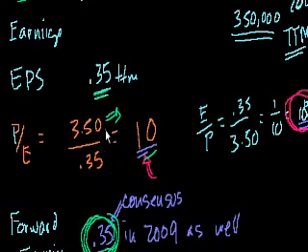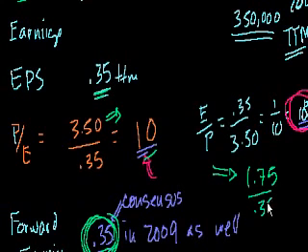It could be very, very volatile, and maybe the price goes from 350 to $1.75 a year later, which seems like a really good deal, because now the price to earnings is $1.75 divided by 35, a 5 price to earnings. But this could happen. I mean, companies go from a 10 to a 5 price to earnings. And all of a sudden, if you need that money a year later, you've lost half of it. So there's some volatility in the price, even though you're assuming that the earnings are stable.